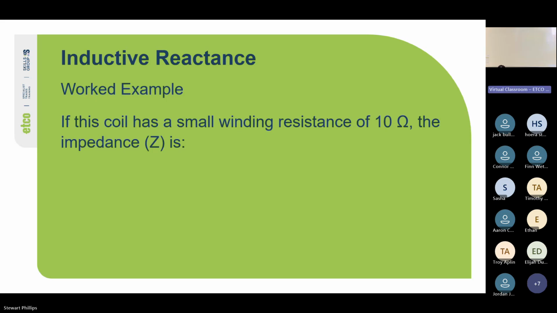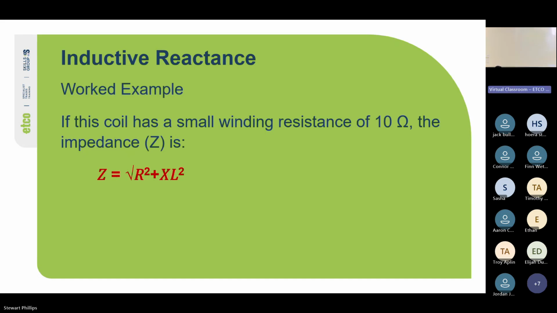If this coil has a small winding resistance of 10 ohms, the impedance would be, so Z equals the square root of R squared plus XL squared.